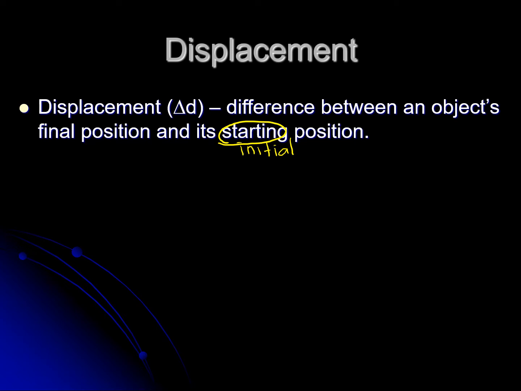If I have here a ruler, 0, 1, 2, 3, 4. This is my reference point, meaning this is my initial position. If I move going here, my 0 is my starting position, and my 3 here is my final position.